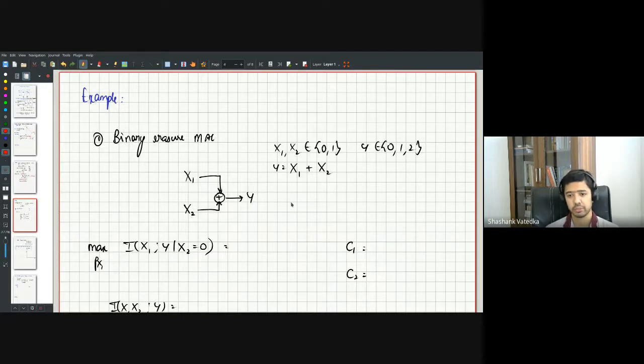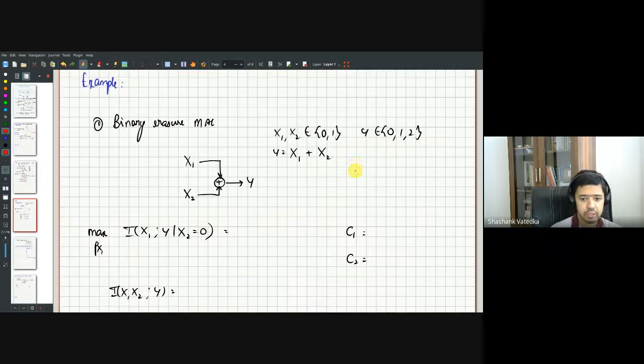It can either transmit 0 or it can transmit 1. So in some sense, a user can either be on or off in one particular time instant. And the receiver receives a symbol y, which is the real sum of those two. So the output can be either 0 or 1 or 2. So if both user 1 and user 2 are transmitting 1, then the receiver gets 2.